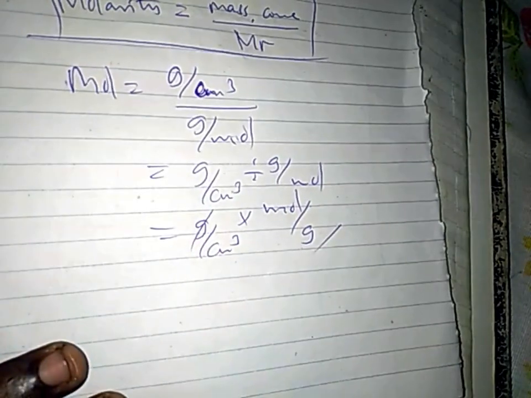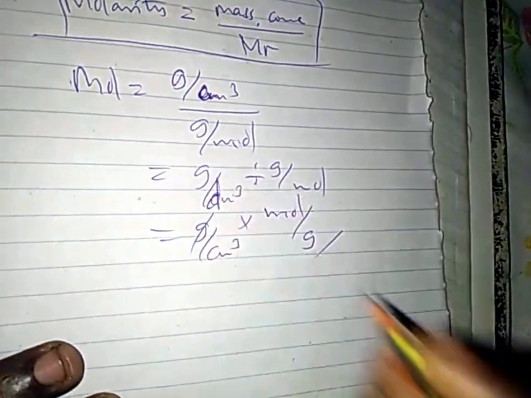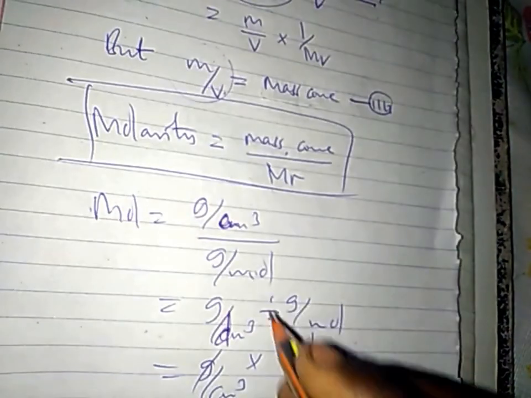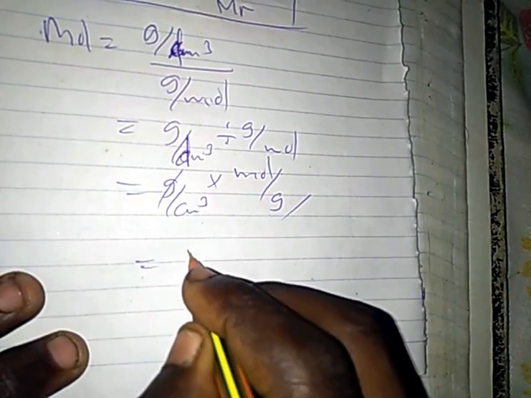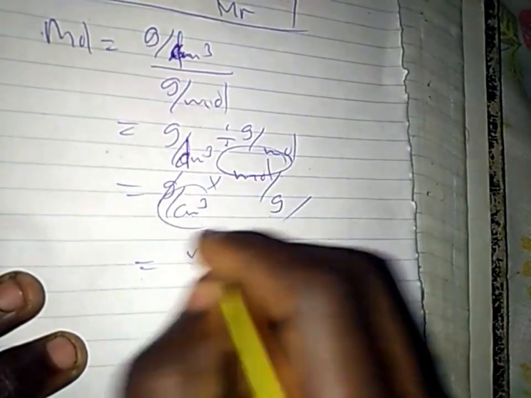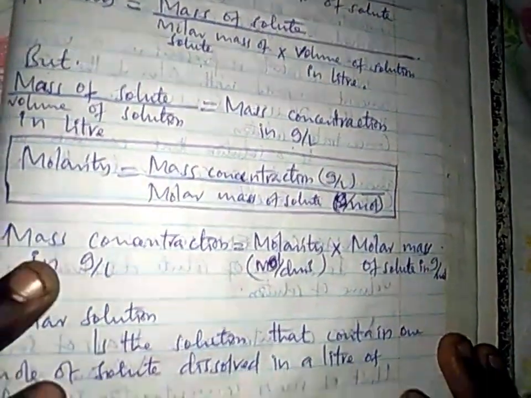Gram and gram cancel. So it will be mole per dm cube, or unit of liter. So that's the unit of molarity if we derive it from here.